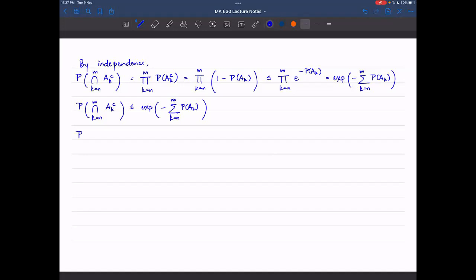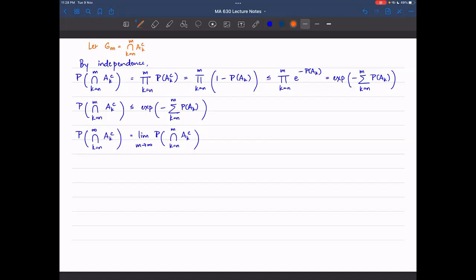So let's look at P of the intersection k going from n to infinity, ak complement. Now, I claim that this is going to be the limit as m goes to infinity of P of intersection k going from n to m, ak complement. Let's just see why this is true. So let Gm be the intersection k going from n to m, ak complement.